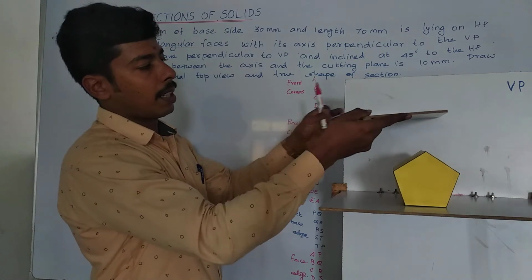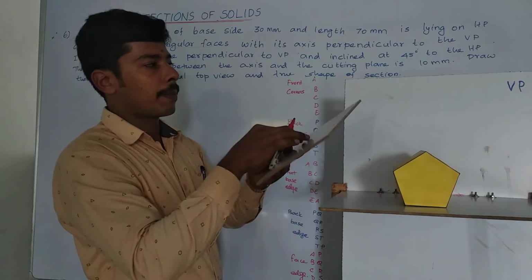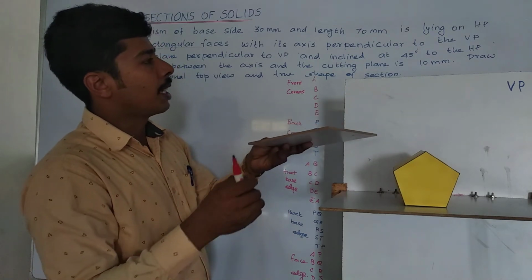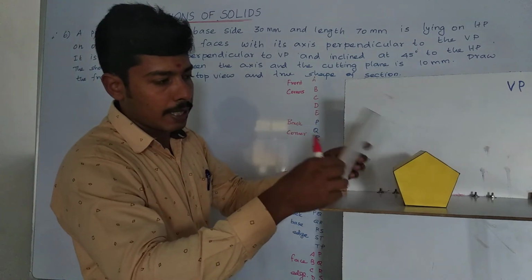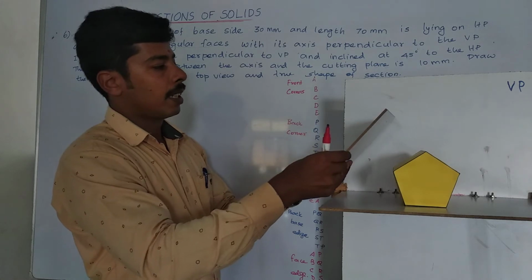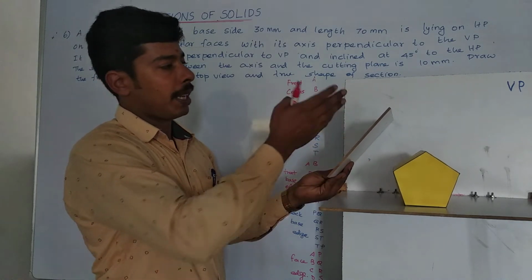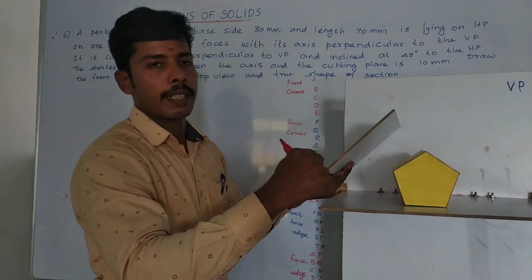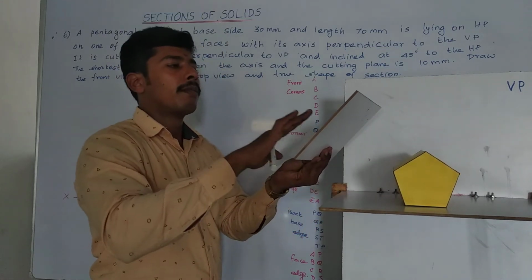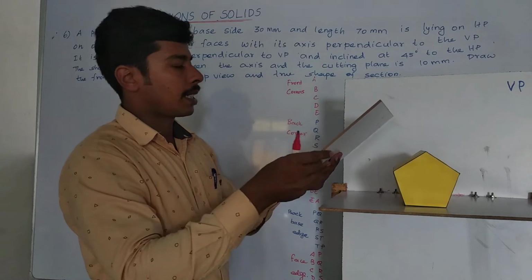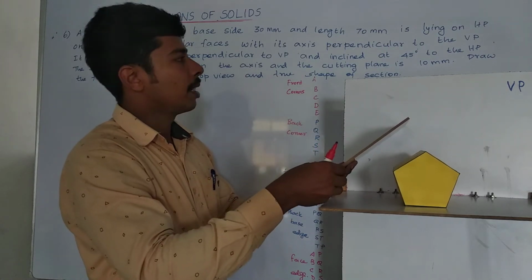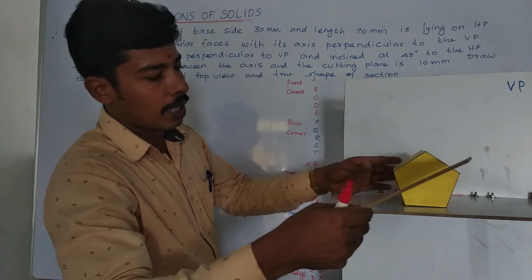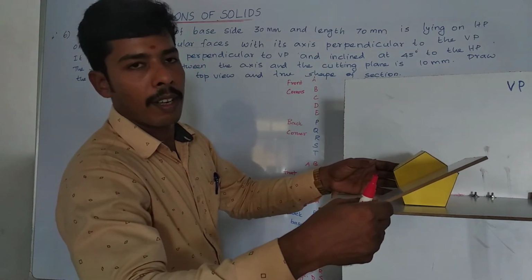The plane is perpendicular to the vertical plane and inclined to the horizontal plane. So the front view is a straight line. The projection of the front view of the section plane is a straight line, but it is inclined to the HP. So it is going to cut this solid like this.